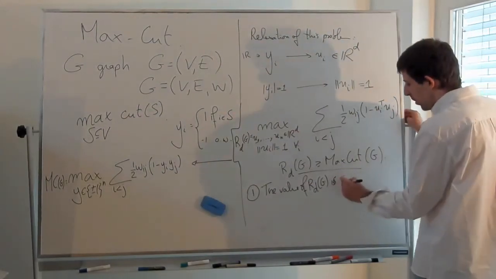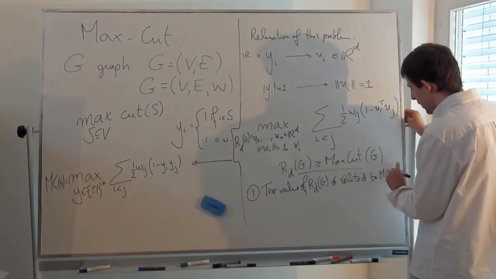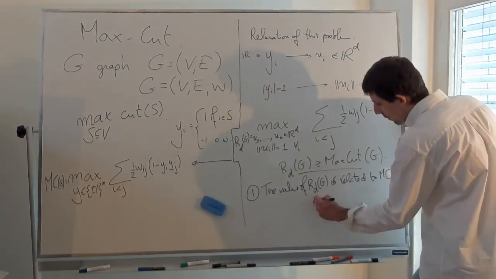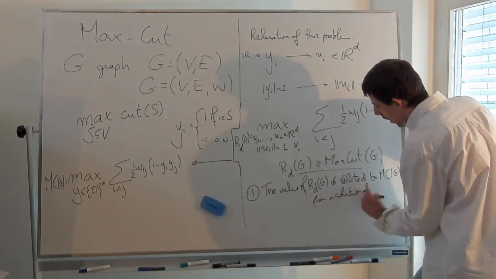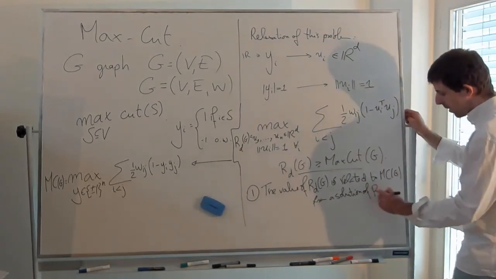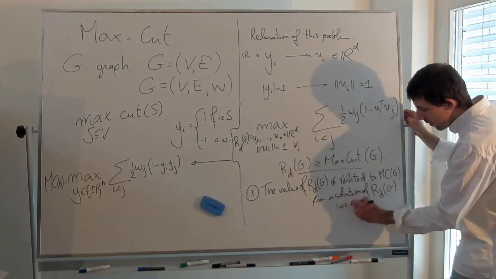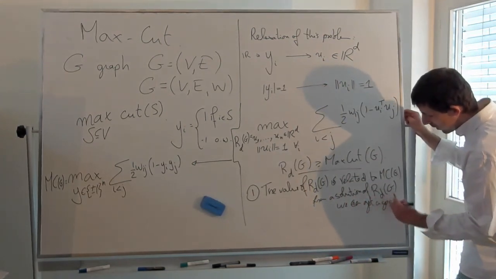It wouldn't be useful. It's related to the value of max cut, and moreover, that from a solution of R^d of G, we can get a good solution for max cut.